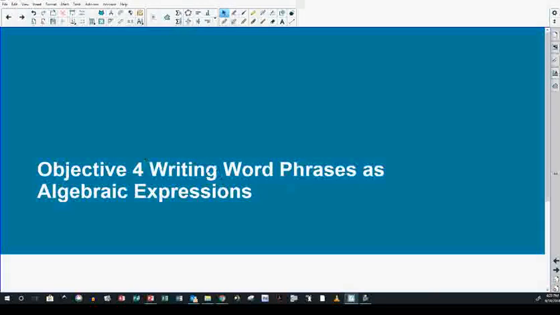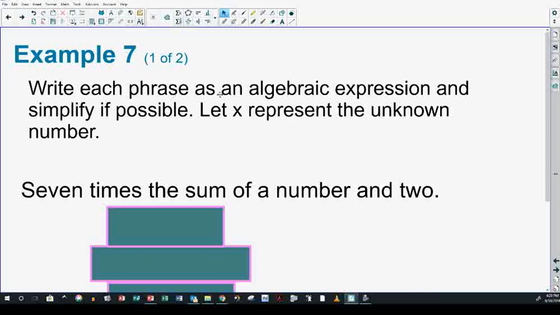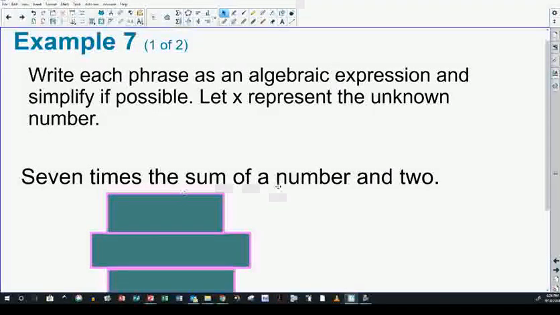All right, so now we're going to write word phrases. So this is where your word problems come in. Write each phrase as an algebraic expression and simplify it if possible. Let x represent the unknown. So 7 times the sum of a number and 2. The sum means you have to add two things together.